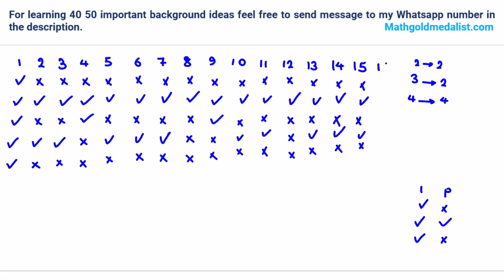But for 16 again it will be changed. So first one is cross, next one is what? Check. And then next one is what? Check. Exactly. Next one is what?